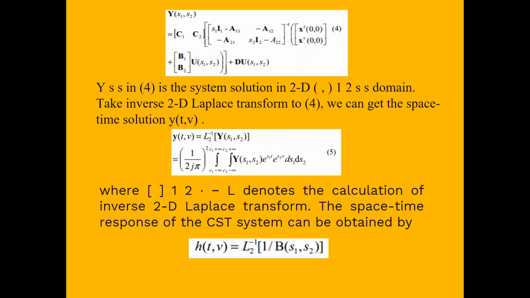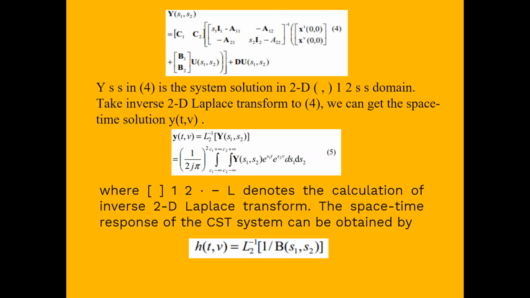Here let's take the 2D Laplace transform to equation 4. We can get the space-time solution y of t comma v.